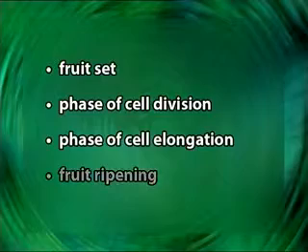Fruit ripening. The last phase, that is fruit ripening, has been well studied because of its importance in fruit harvest and storage. Ripening represents the shift from the protective function to the dispersal function of the fruit.